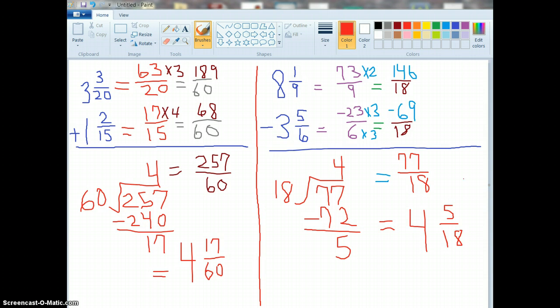Again, with subtraction, if you prefer the borrowing method, you can certainly use that method to get the same answer. Let's look at one more subtraction problem.